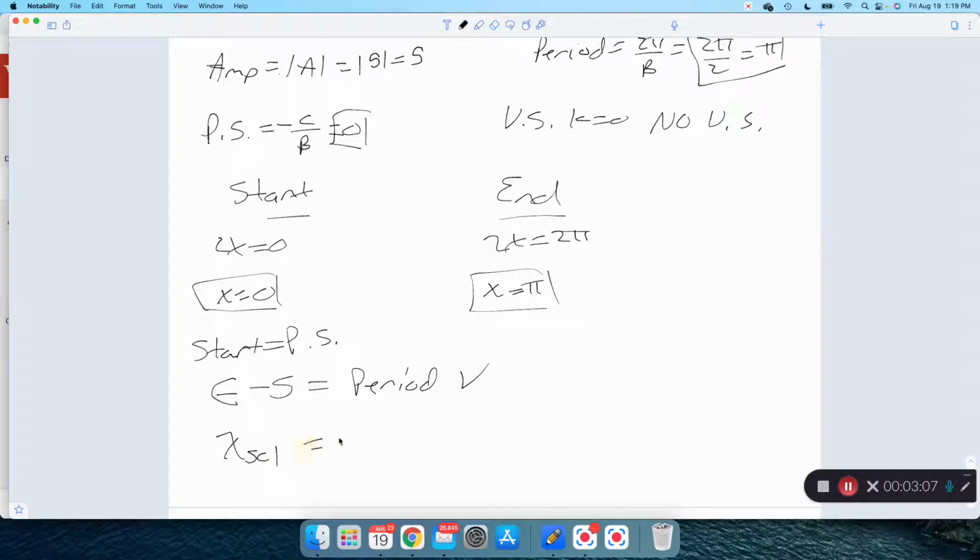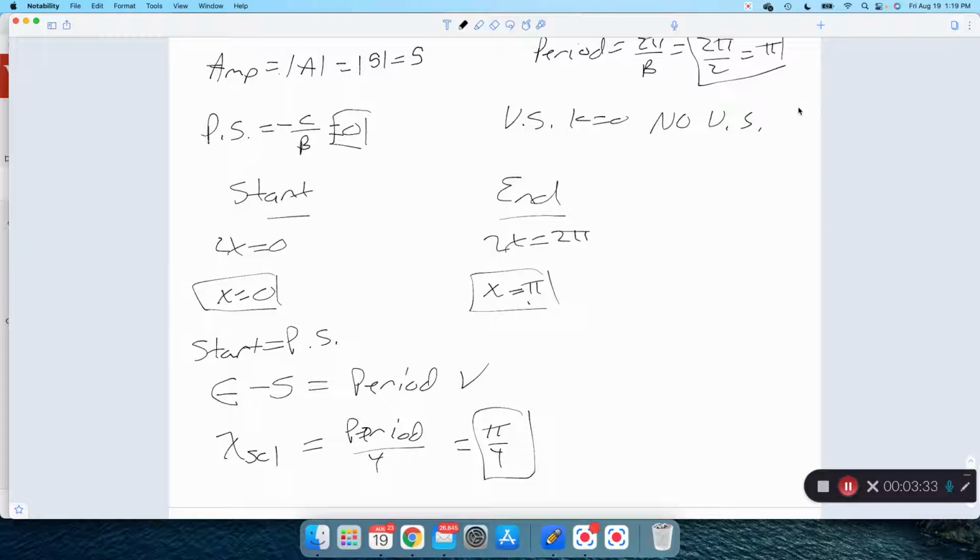Okay, we find our x scale. Our x scale was always the period over 4. So my period was pi. I want pi over 4. That's what I'm going to be counting by. And in my recommendation here, now that we got our period, we look at all these guys that we've circled, and we make sure they all have the same denominator.